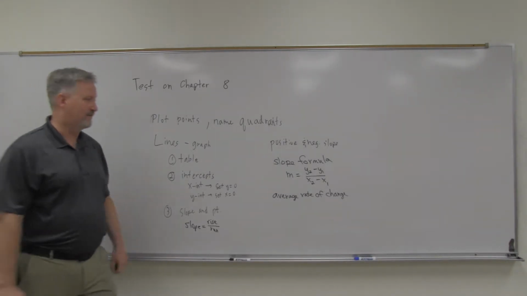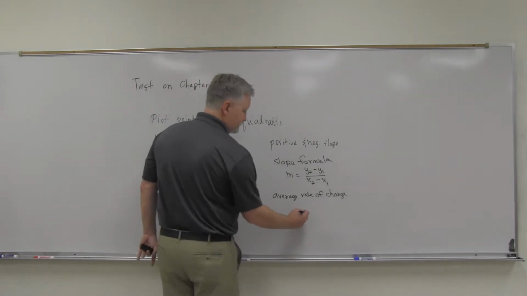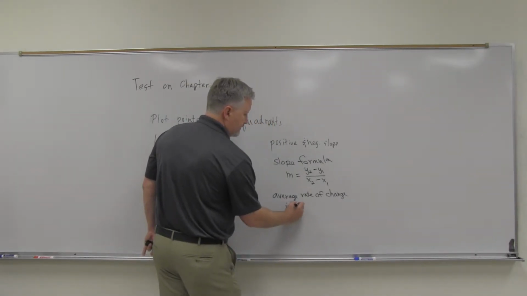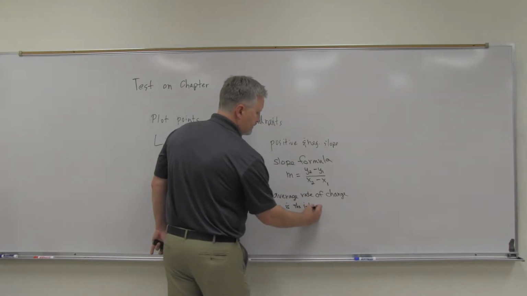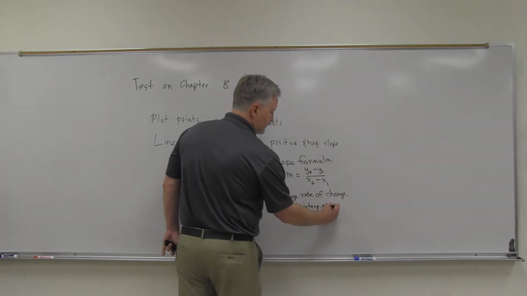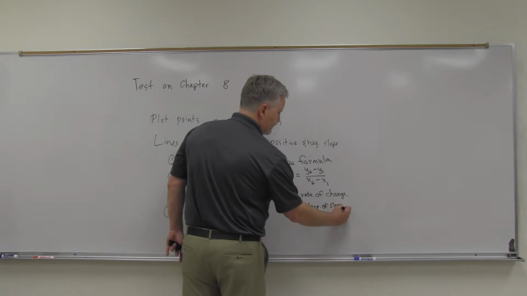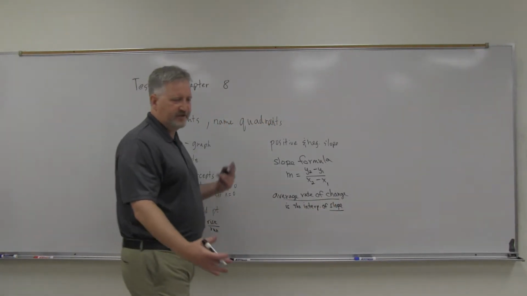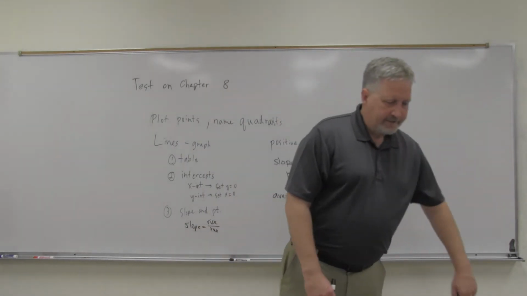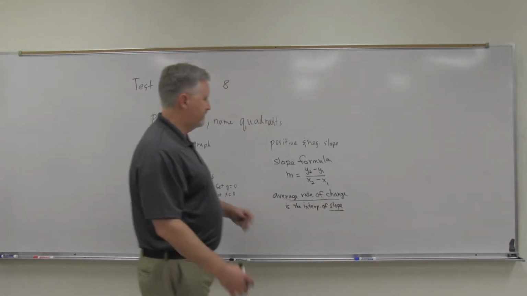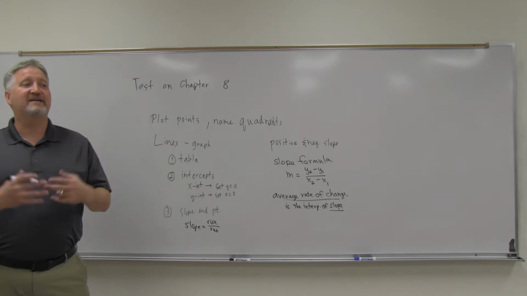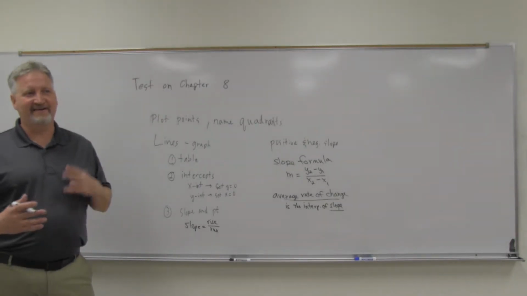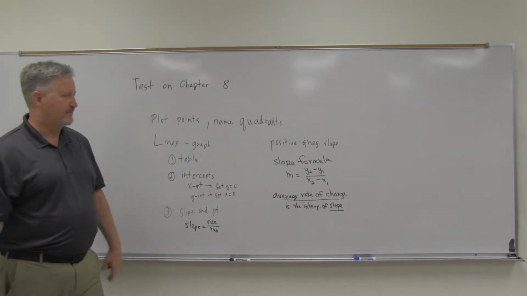Those two are the same. So the average rate of change is basically the interpretation of the slope. So if it asks for interpretation of the slope, yeah, you're going to give it as the average rate of change. Or if it asks to calculate the average rate of change, you're just going to calculate the slope, okay? And then interpret it.